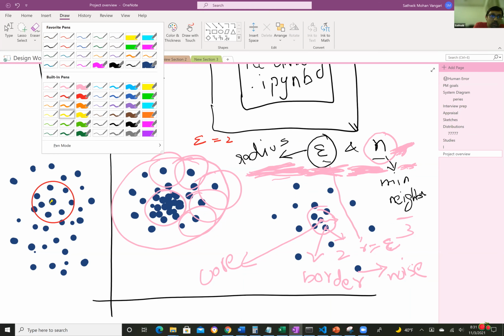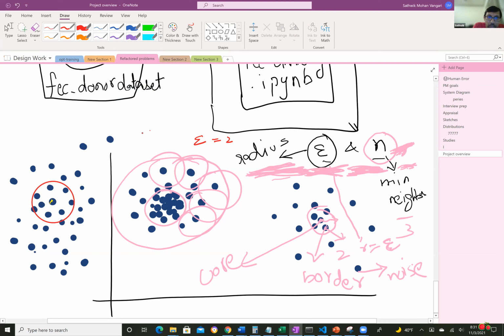Now, my minimum number of neighbors, I am defining it as 6. Do I call this point a core point or not? What type of point is this? This yellow point that I marked, is it a core point, a border point, or noise? It's a core point, I think.